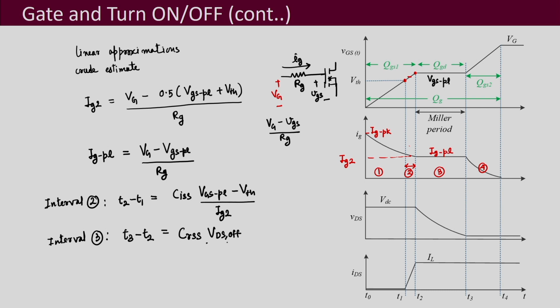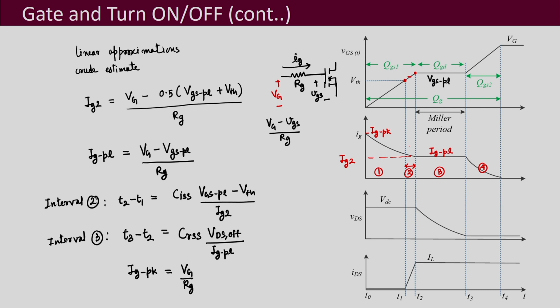Now, here it is equal to VDC, Ig dash, the Miller plateau current Ig-PL, and we have also written the peak current of the gate, which is Vg by Rg. Now, these are some of the equations which you can use for calculations related to your gate circuit.